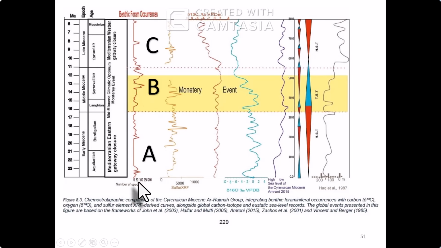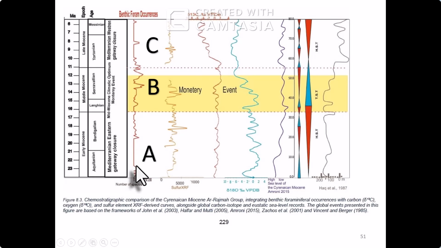He studied them, and the scale goes from 0 to 200. And this second curve is a sulfur element measured by XRF. And the third curve here is carbon stable isotope. And the fourth curve, the blue one here, is oxygen stable isotope.